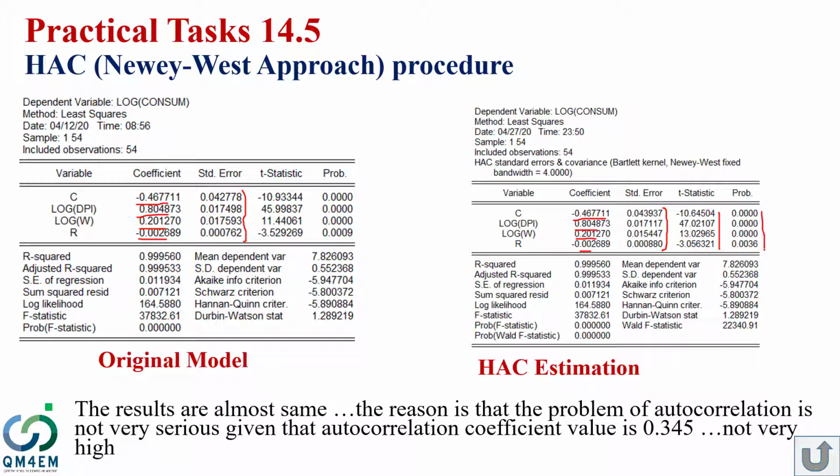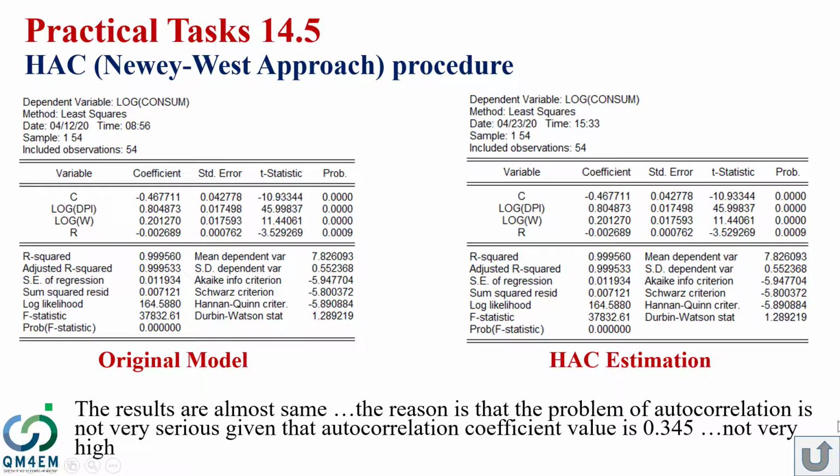If this value had been very close to +1 or -1, then we would have had a very serious problem of autocorrelation. So in this particular case, we could have lived with the autocorrelation problem without disturbing anything, because it's not affecting things too much. So let's move back to the original slide.